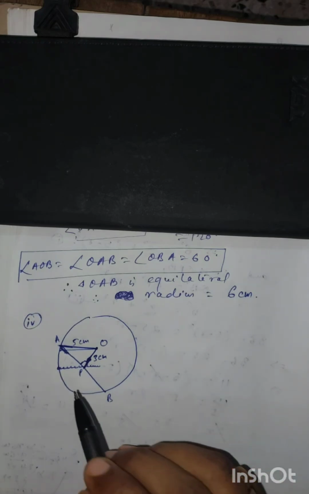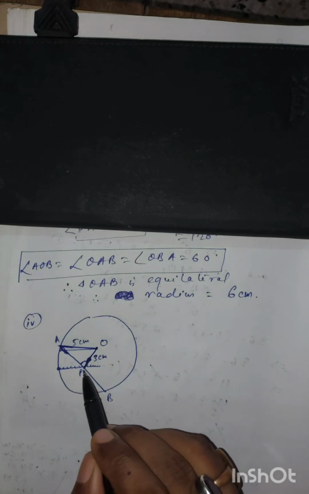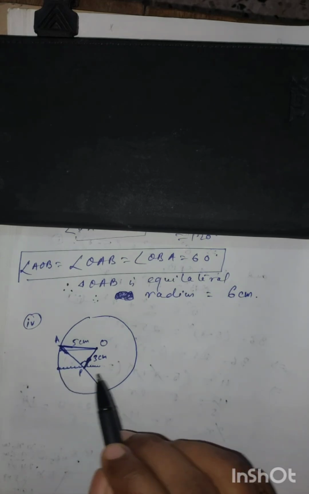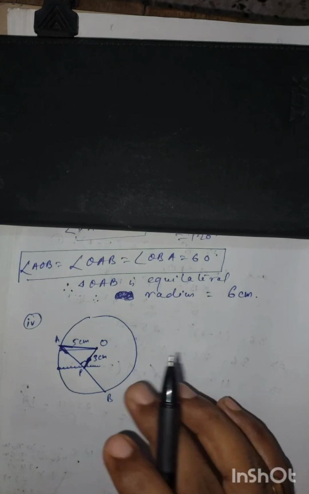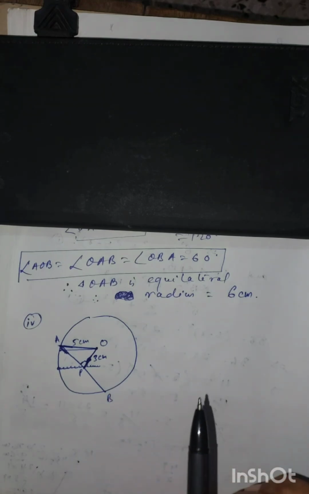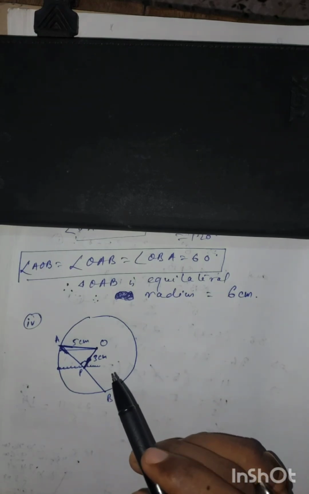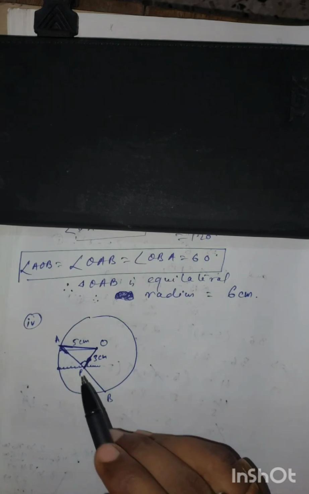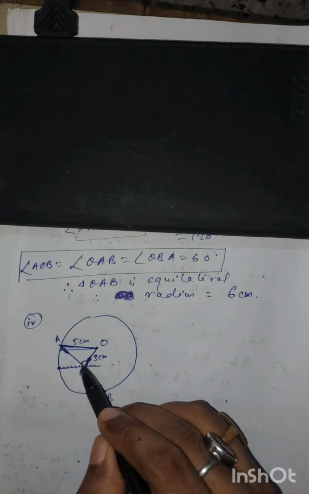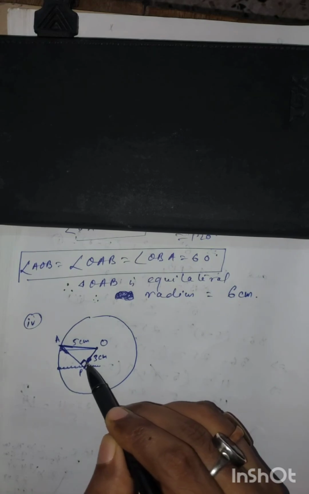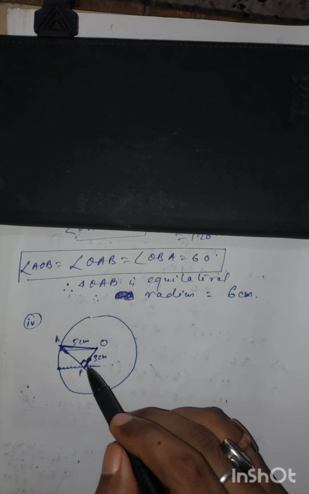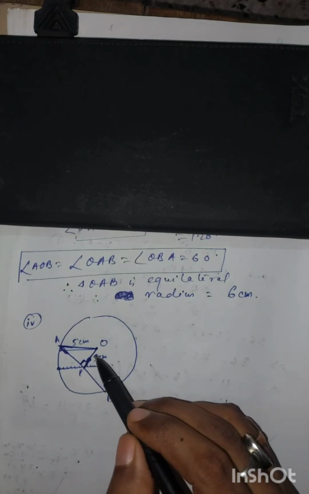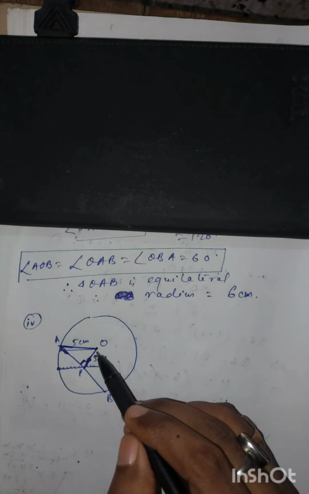So through the point P, if we draw many chords, only one chord will be the shortest, and that chord must make a right angle with OP.